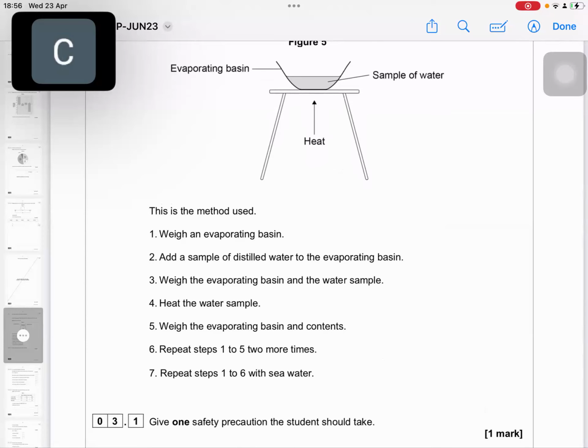Weigh an evaporating basin. Add the sample of distilled water to the evaporating basin. What next? Weigh it again with the water sample. Heat the water sample. Weigh the evaporating basin and contents. Repeat steps 1 to 5 two more times. Repeat steps 1 to 6 with seawater. Okay, so this is an experiment, right?